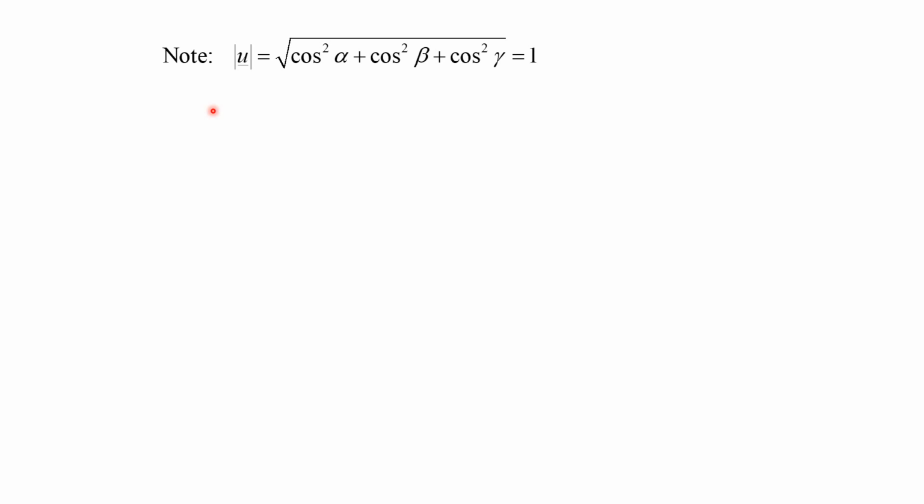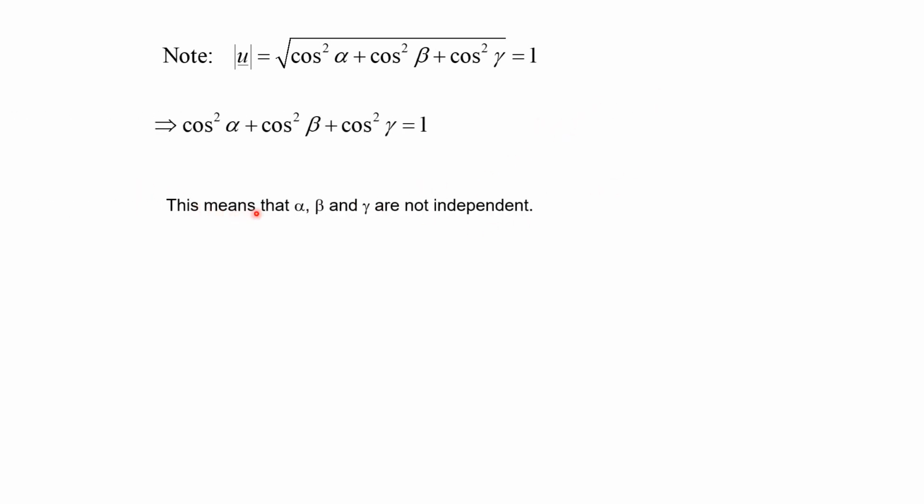It has to equal 1 simply because u is a unit vector. And you can conclude that alpha, beta, and gamma are not independent, because the values depend on each other: it's the cosine of each angle, and the sum of squares has to equal 1.